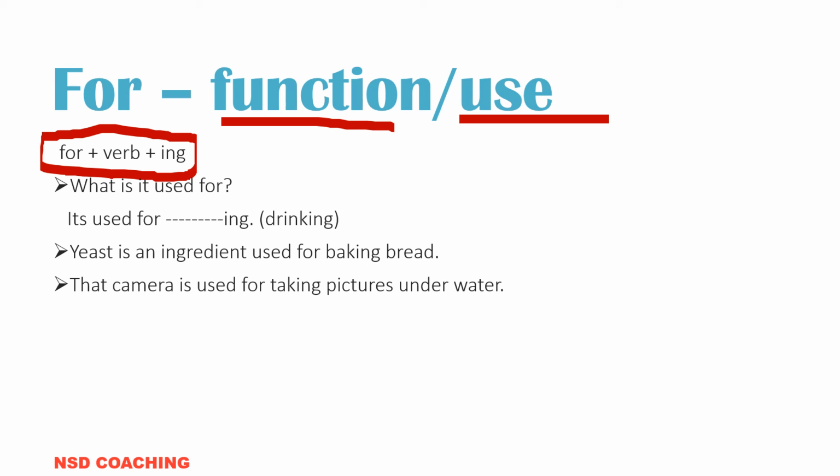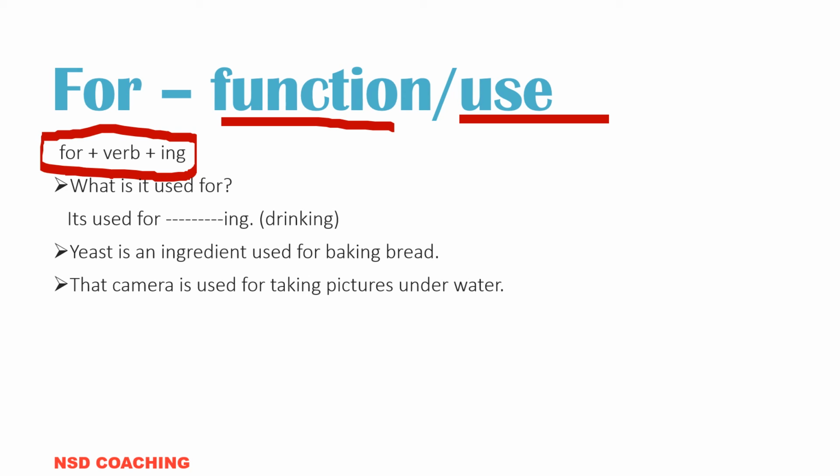It is used for drinking. I'm just holding something, right? I'm holding a glass and then I'm asking what is it used for? I need to know the function of this particular object. So it's used for drinking. Here for, then you write a verb and then you add ing.